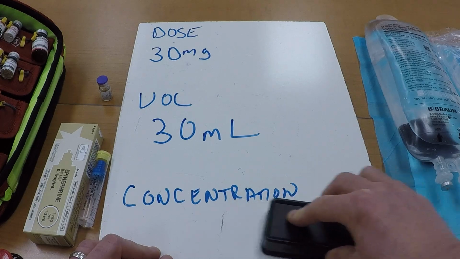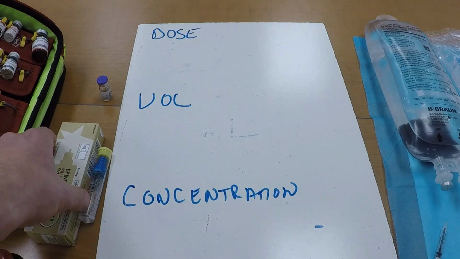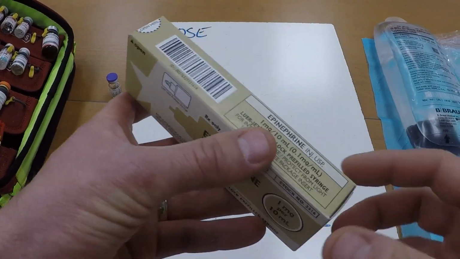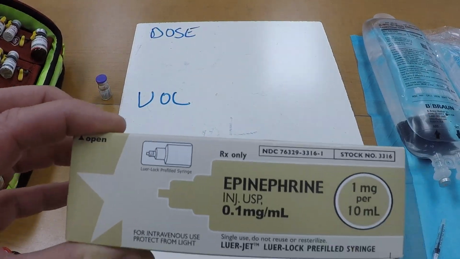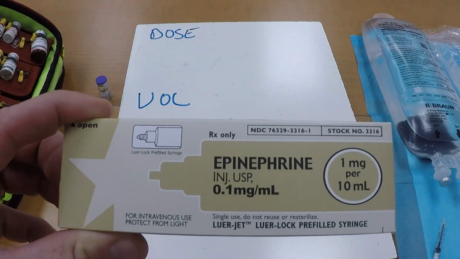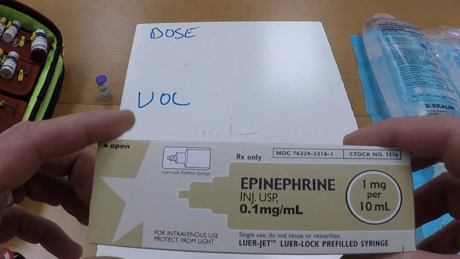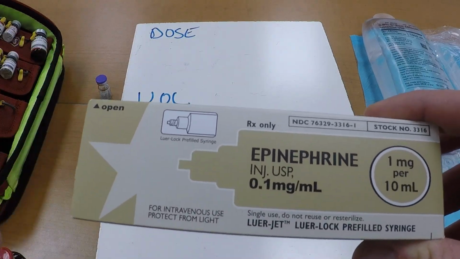So the next, this is the epinephrine dose that we would put directly into an IV for cardiac arrest. And epinephrine is concentrated in 1 milligram.